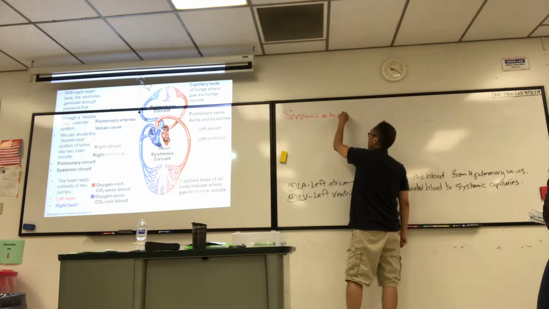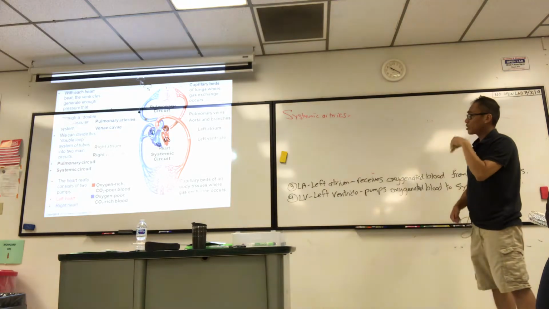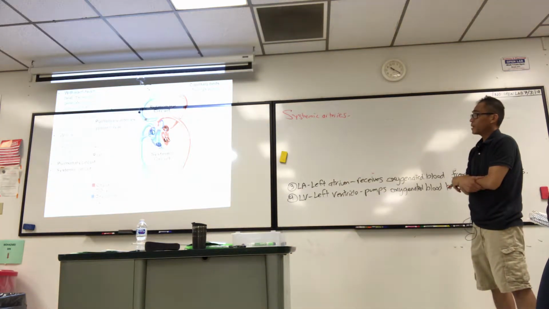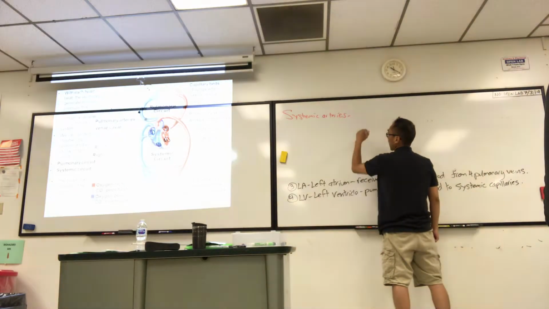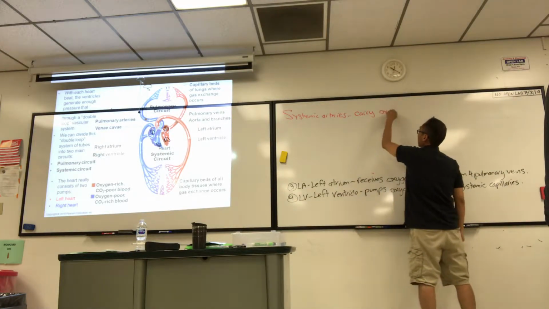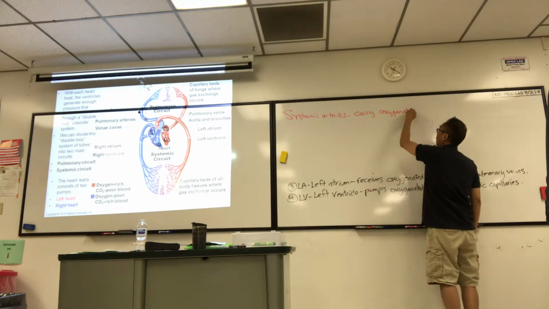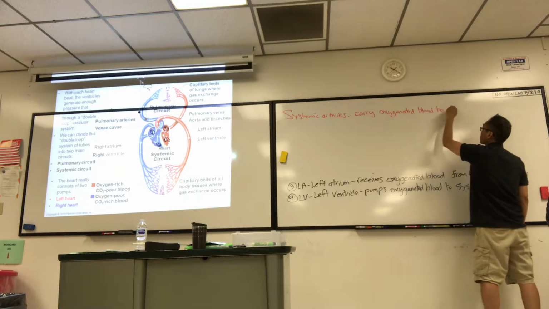What does red mean? The blood is oxygenated. Systemic arteries carry blood, basically away from the heart, to systemic capillaries. Carry oxygenated blood to systemic capillaries.